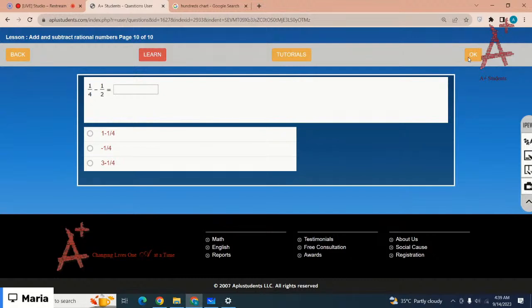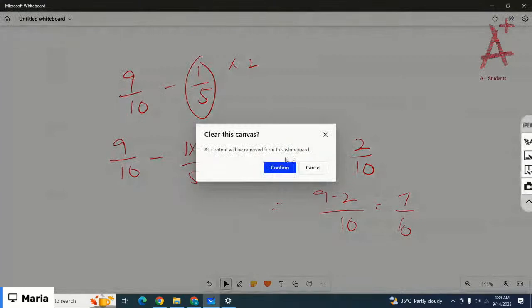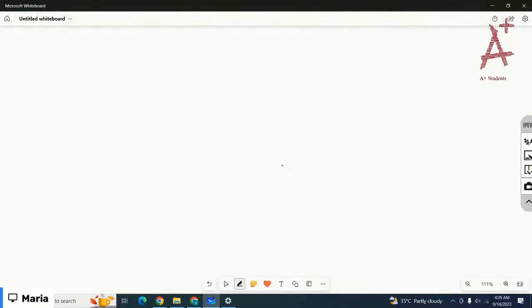Okay, 1 by 4 minus 1 over 2. So which is the correct option? Let's just do it on board. First of all, you have to make the denominator same.